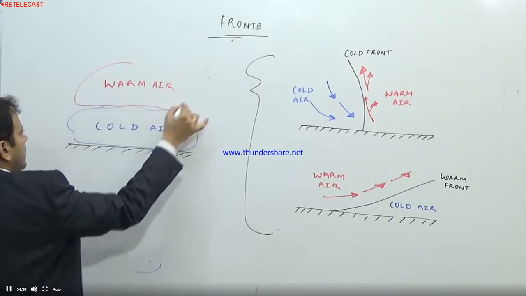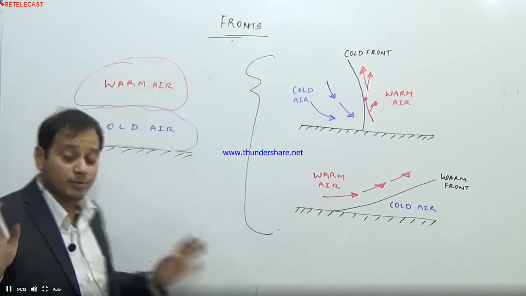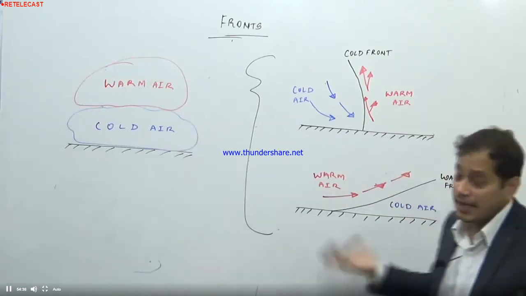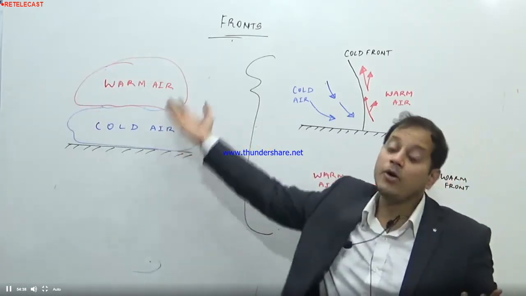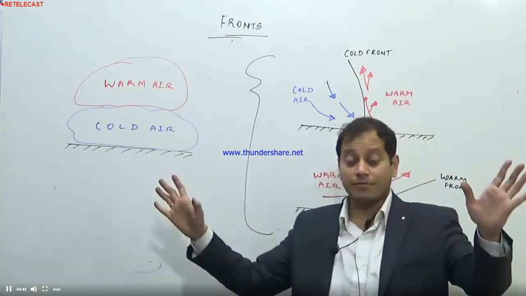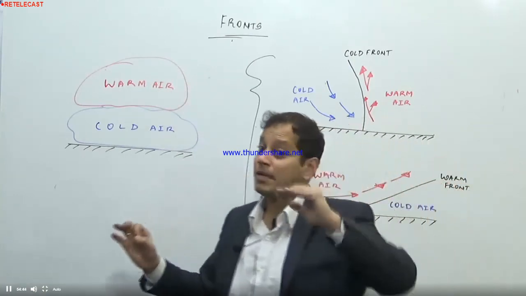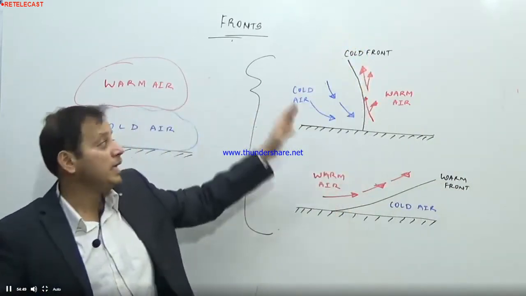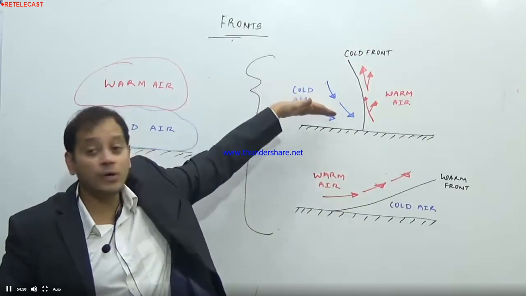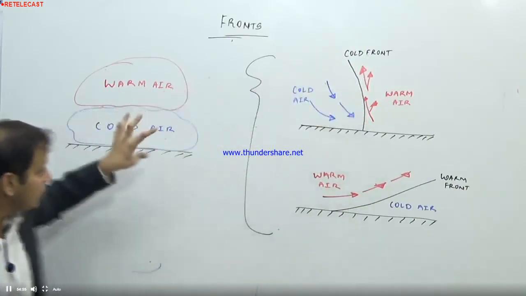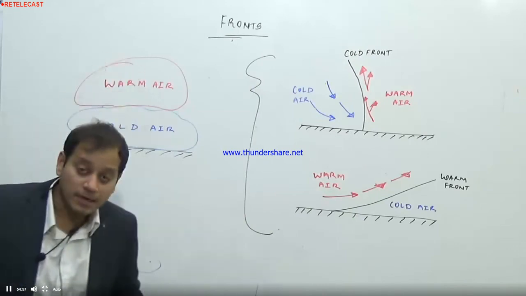So this is going to be the end result. Whether it is a cold front or a warm front, in the end there will be cold air below and warm air above. In the warm front, the warm air will voluntarily rise upwards, as you can see in this diagram, while in the cold front, the cold air will displace the warm air above. But the end result is cold air on the ground surface and warm air above.